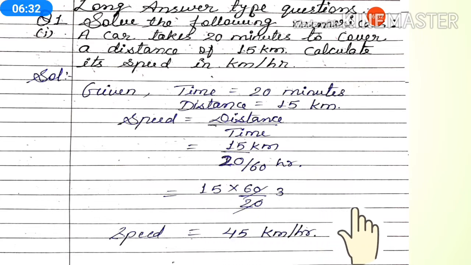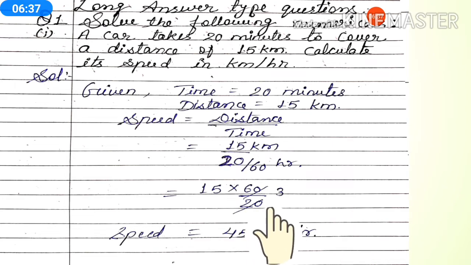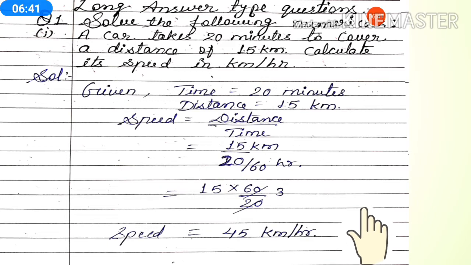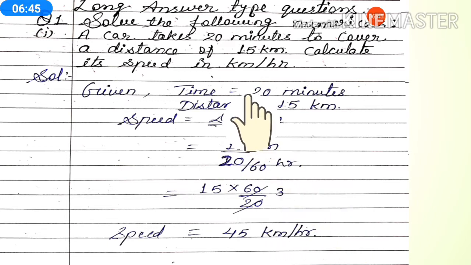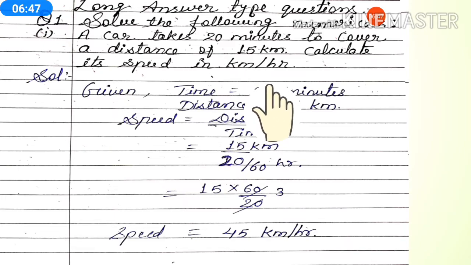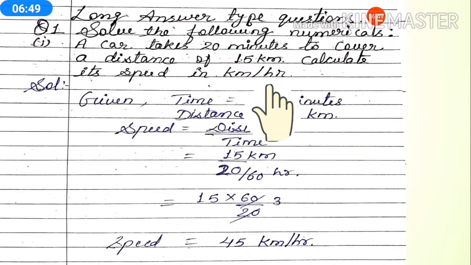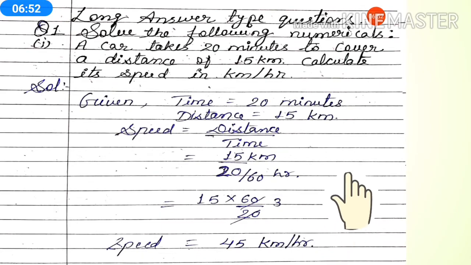So the answer will be 45 kilometer per hour, since 15 times 3 is 45. So the speed that has come is 45 kilometer per hour, and we have found the speed in kilometer per hour only, because it is asked to calculate speed in kilometer per hour. So the answer came. Okay.